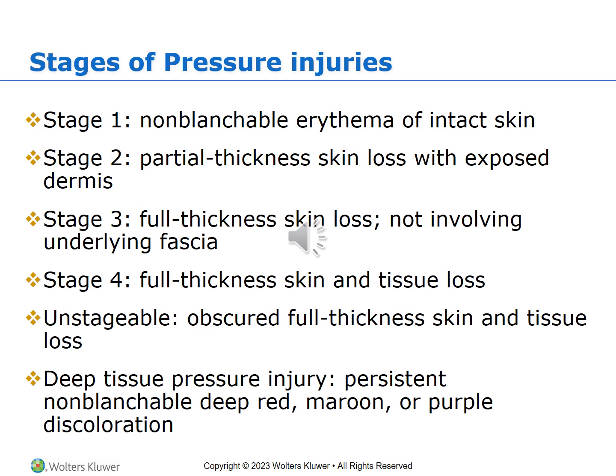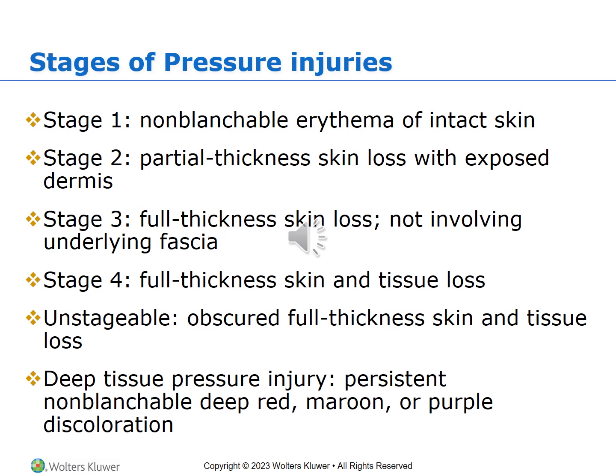Undermining and tunneling may occur, and undermining and tunneling may occur in stage 3 as well. I'm not sure that I said that. But the biggest thing for our stage 4 is that we will have bone, muscle, ligaments, tendons, and fascia exposed.